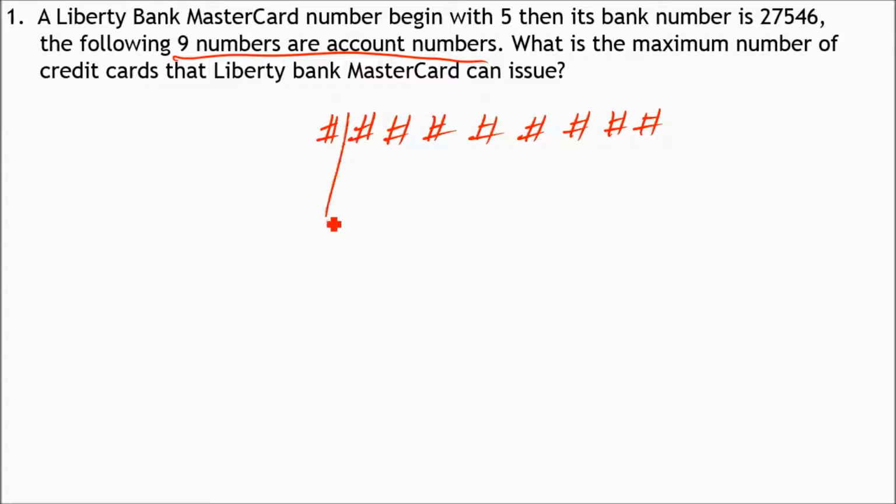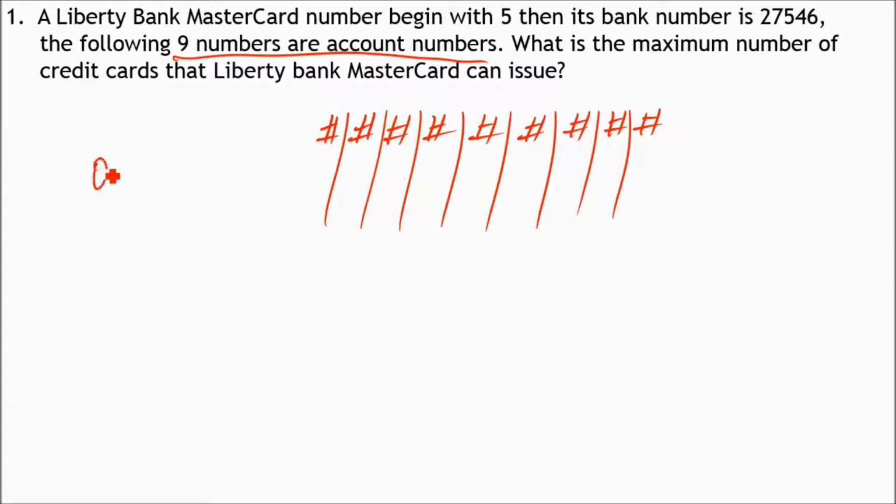Now what we're going to do is write down the number of options that we have for each one of those. The numbers can be anything from 0 to 9, which gives us a total of 10 choices for each one of these. So this would be 10, 10, 10, all the way through. And to figure out the number of combinations, we're going to multiply all those together.